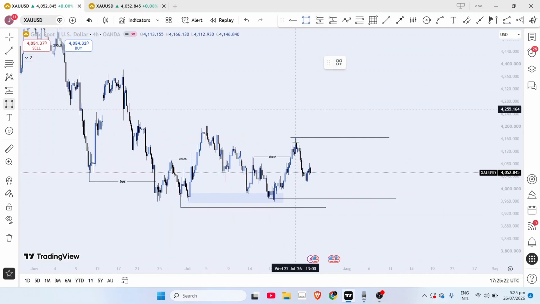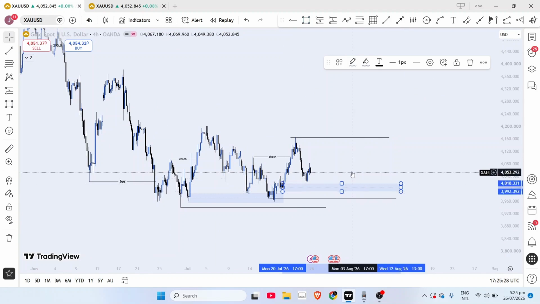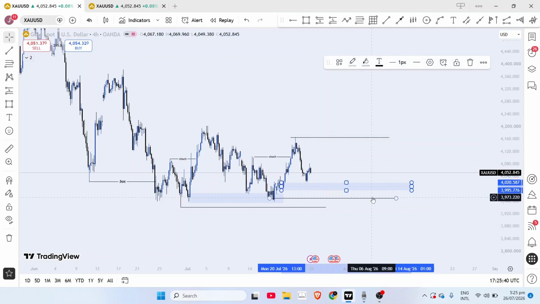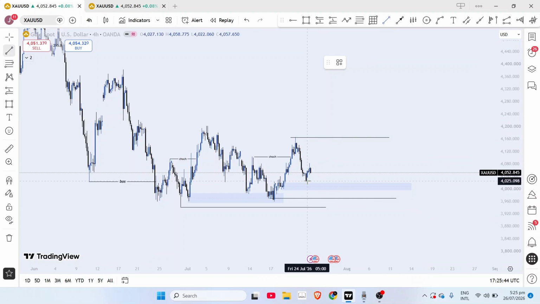So I would be expecting price to come. Ideally, this is the point of interest I'll be expecting price to come into, because price reacted from this fair value gap, and it seems like price is going bullish. But I'm thinking price will sweep this low as inducement or engineered liquidity.